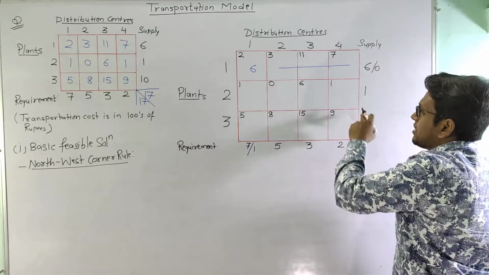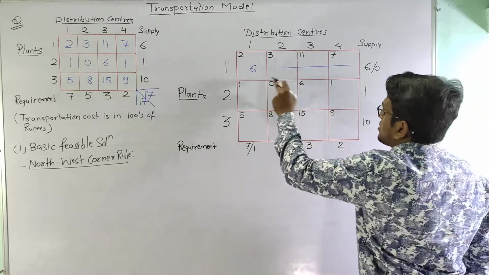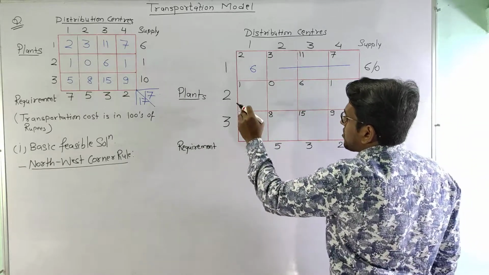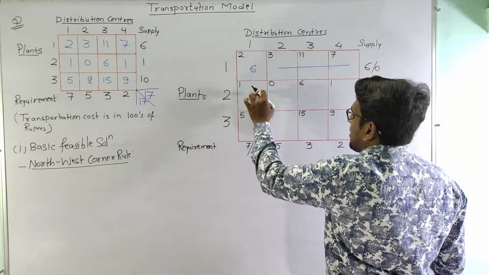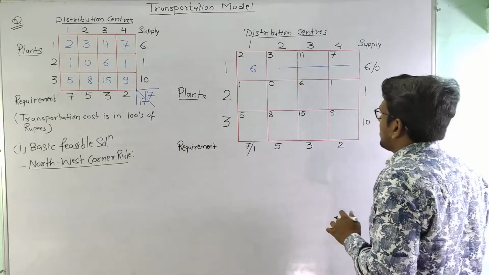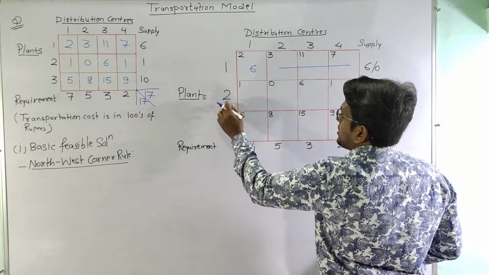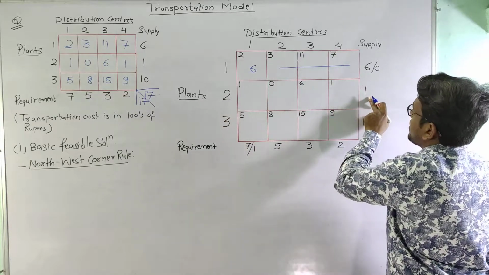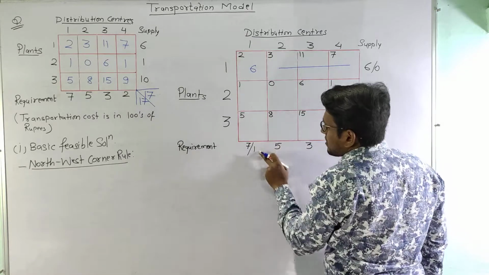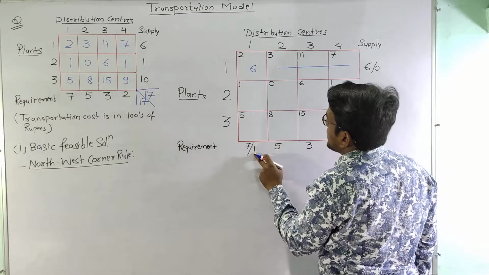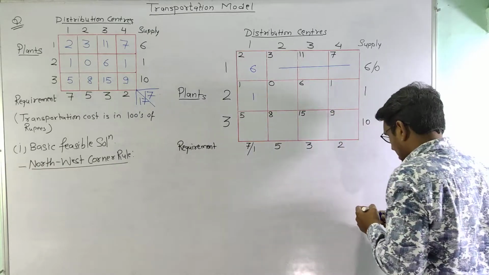Now again, in the remaining matrix we select the northwest cell, which is this one, and we try to allocate the maximum on this cell. Plant 2 has a supply of 1 and distribution center 1 now has a requirement of 1, so this 1 can fulfill it.